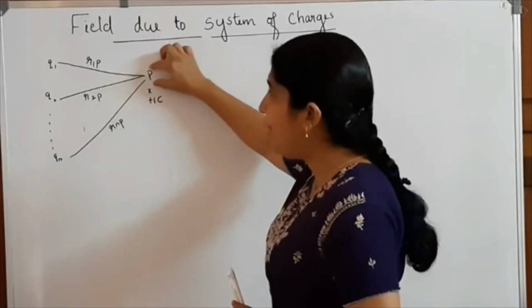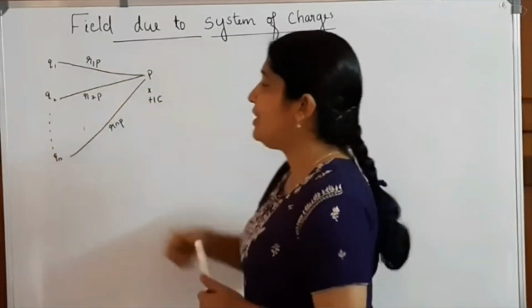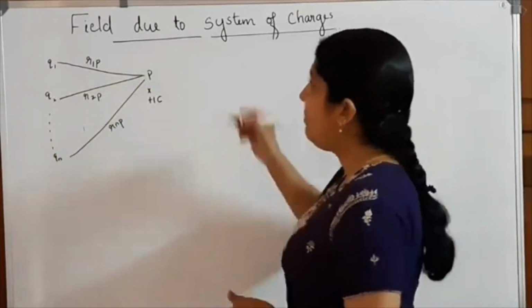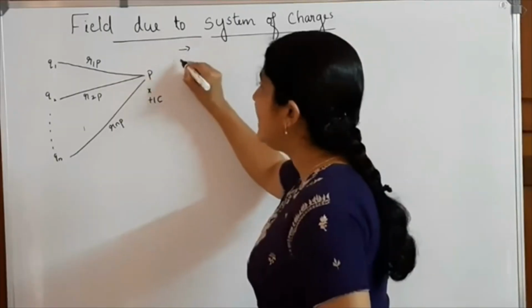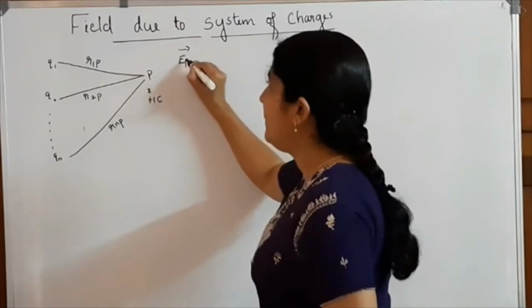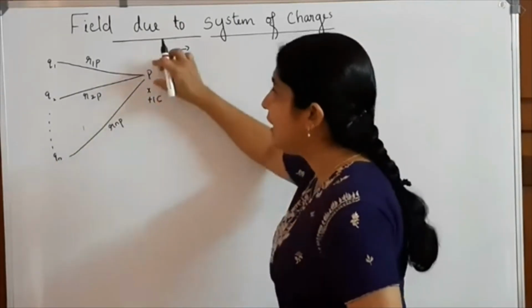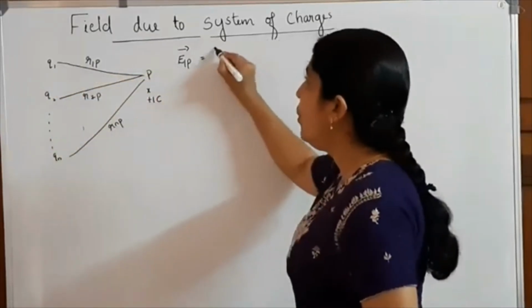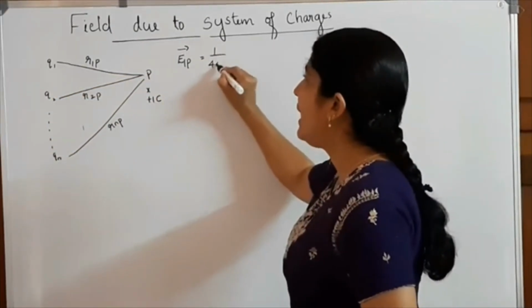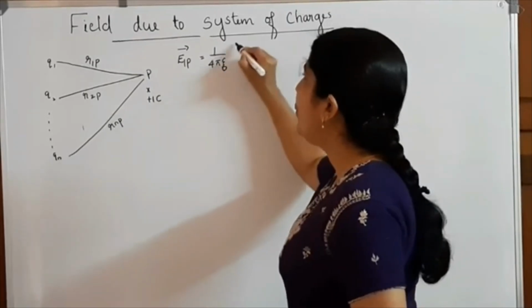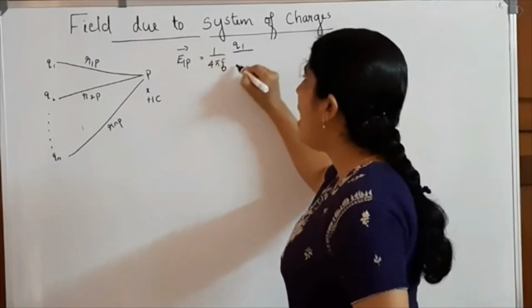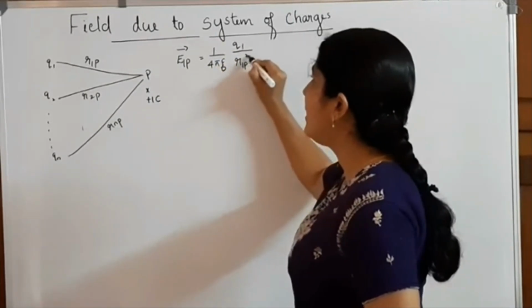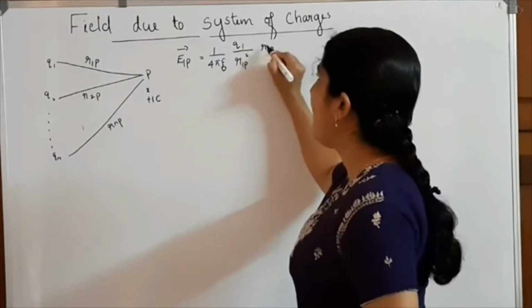Field at the point P due to Q1 charge can be written as vector E1P, which is equal to 1 by 4 pi epsilon 0 into Q1 divided by R1P square into R1P cap.